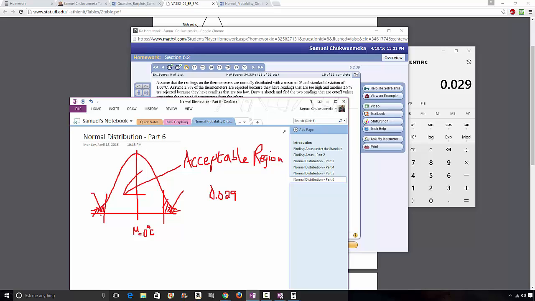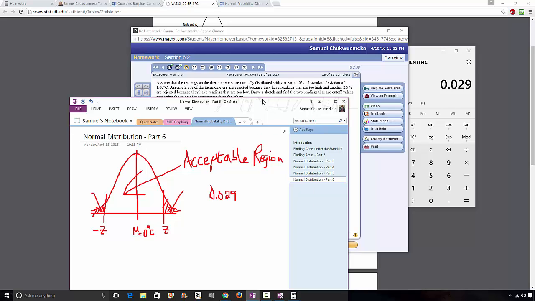Once we find it, it's going to give us a negative value, and the positive value of that will be for this one. So this will be a negative z-score, and just the positive value will now be this region.